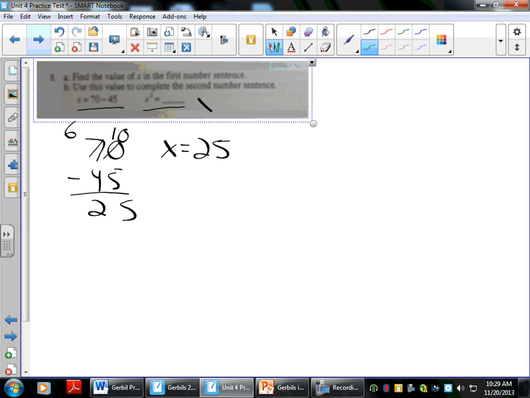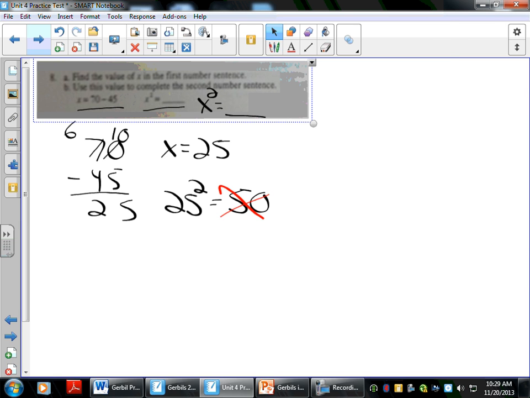This here says x squared equals what? So pretty much I have to substitute 25 in for x. 25 squared equals what? A lot of kids are going to want to put 50 for an answer. This is 100% wrong. This means 25 times 25. 25 times 25 equals what?